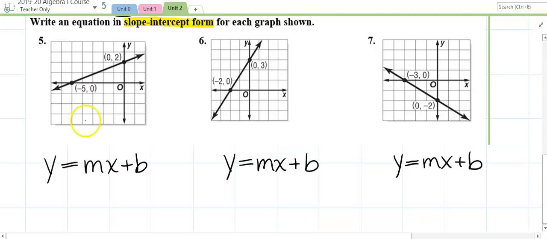Next, I need to figure out what the slope is. When we have a picture, we can actually count the slope from one point to the next. I know that I need to rise 2 and run 1, 2, 3, 4, 5. So my slope is 2/5.